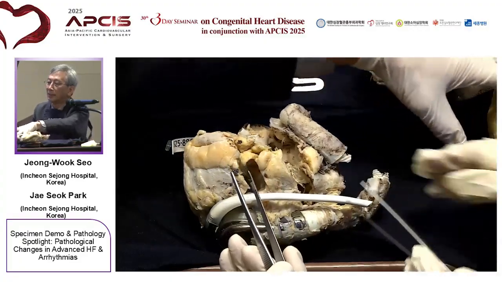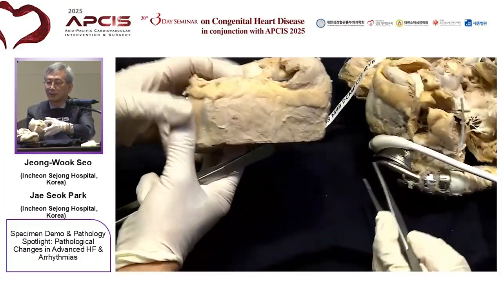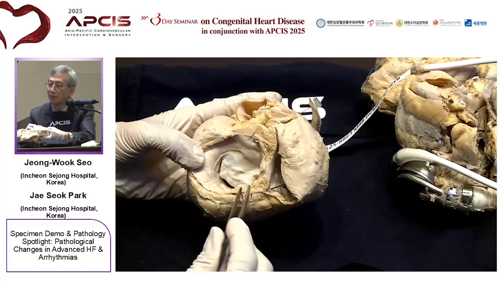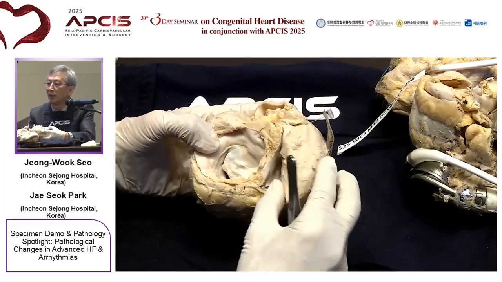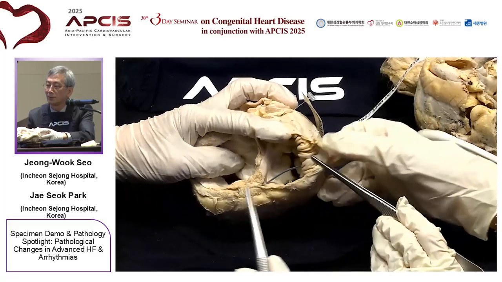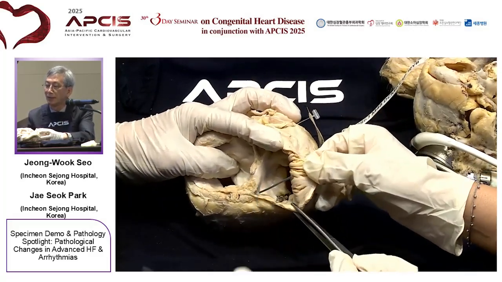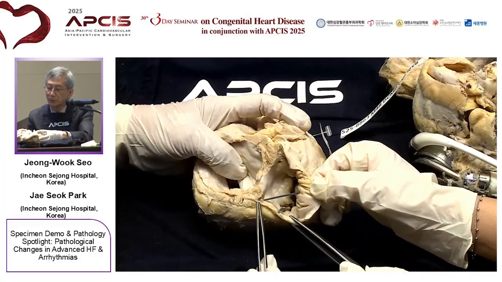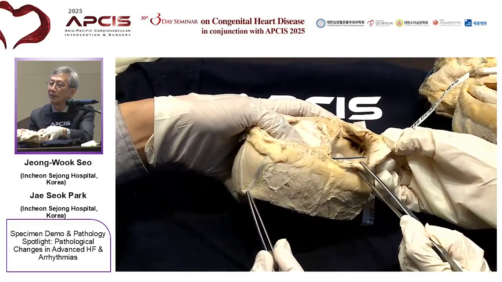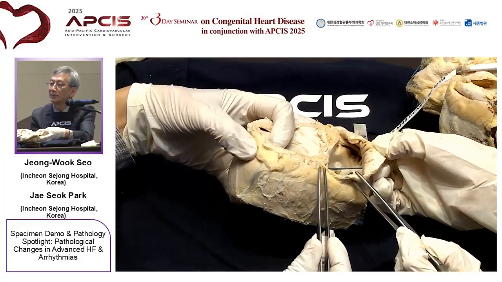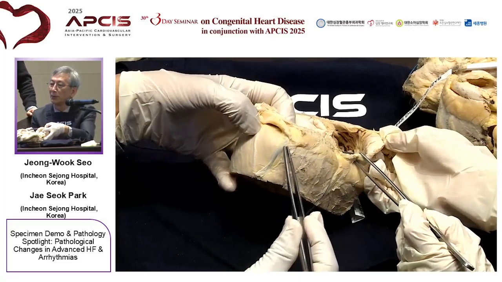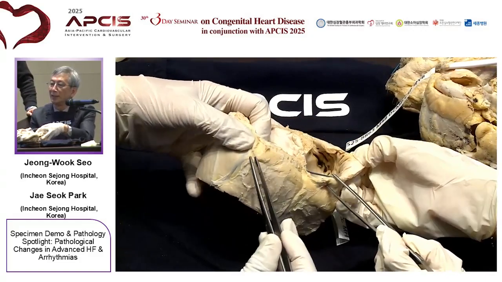I'll show another example of a successful CRT lead. So in this patient, there is functional mitral regurgitation, and this is the right atrium, and the coronary sinus orifice has a CRT lead applied, and then it goes to the coronary sinus, and then goes to here. So very good placement of the left ventricular lead to the left ventricular posterior wall by the CRT lead.